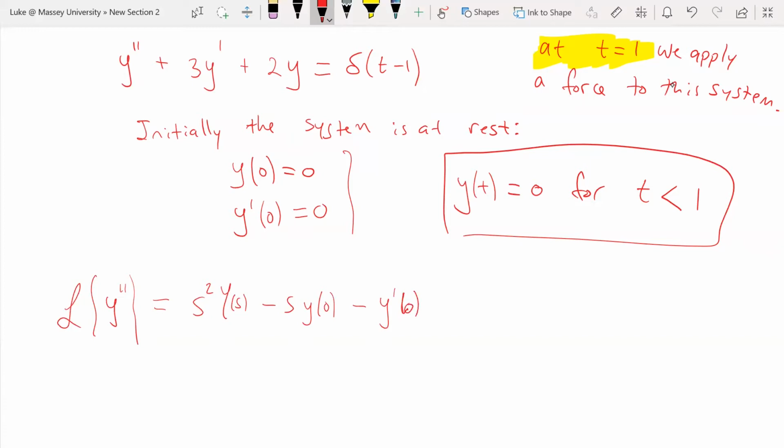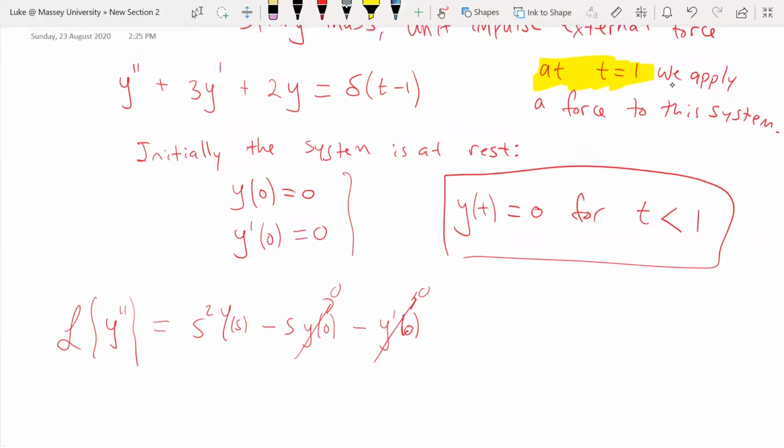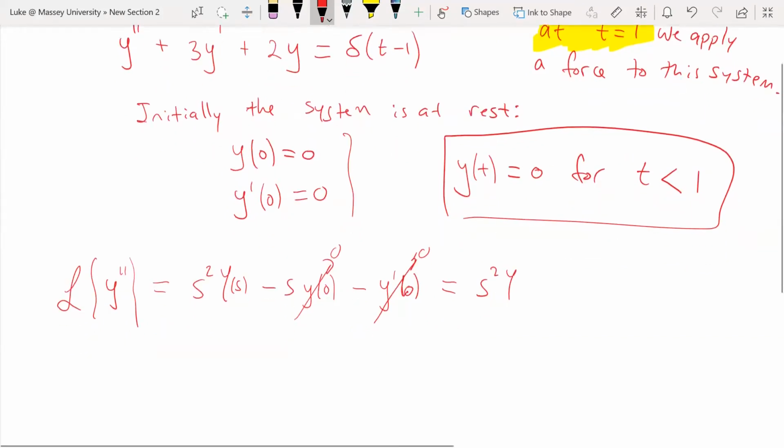And of course both of these terms are 0 because our initial conditions are 0. So we quite simply get the Laplace transform of y double prime is equal to s squared times Y. And similarly the Laplace transform of y prime is going to be equal to 3 times s times Y of s.